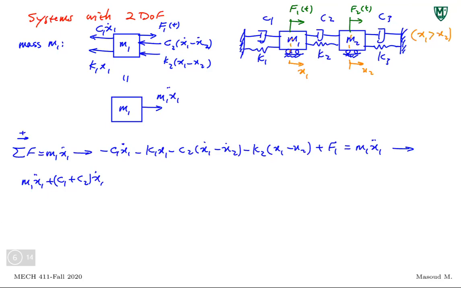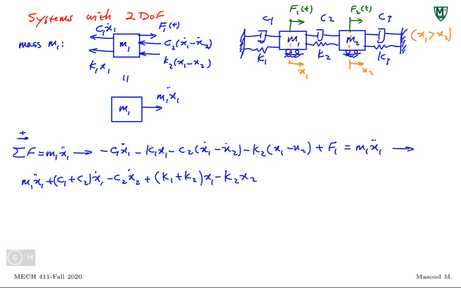So this becomes (C1 plus C2) X1 dot, and then we'll get minus C2 X2 dot, and for the springs, this becomes K1 plus K2, if I'm not wrong, times X1, and then we have minus K2 X2.